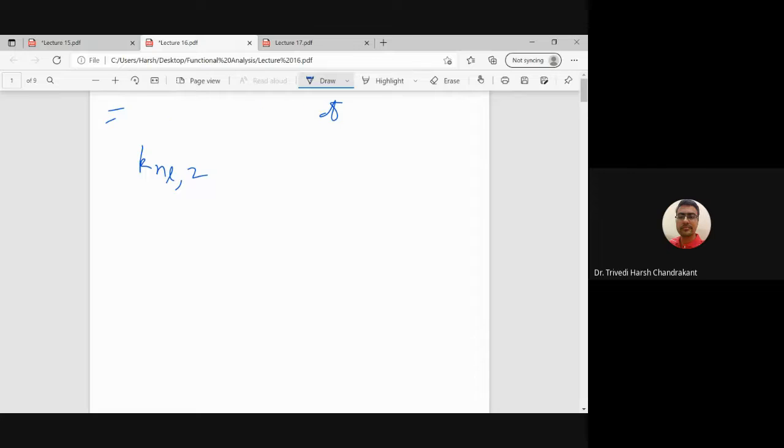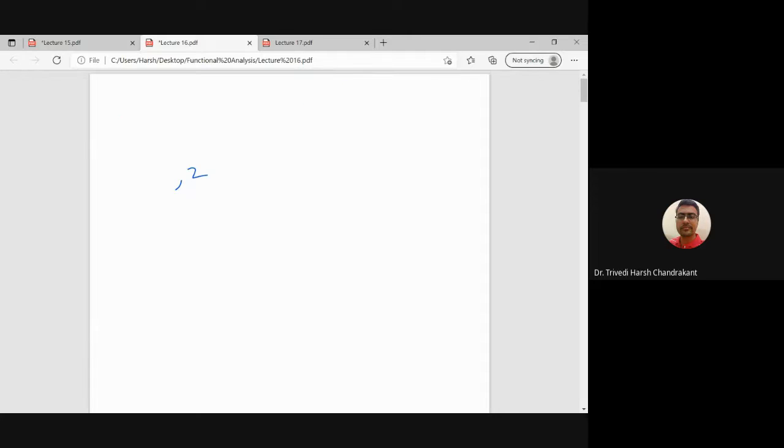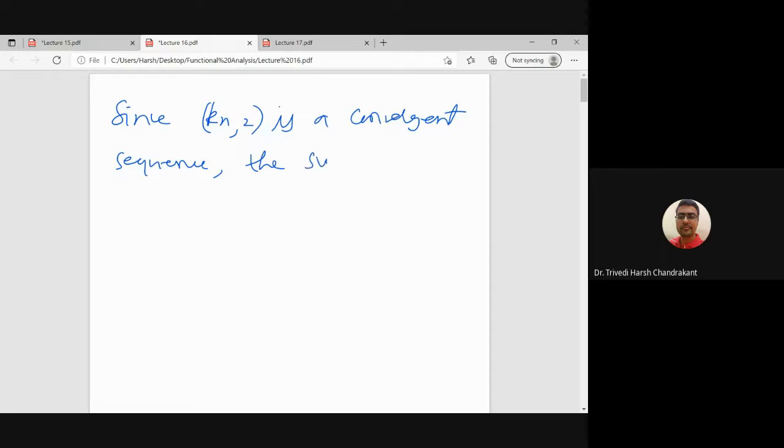Basically what we are saying is, since K_n^2 is a convergent sequence, the subsequence, what were the coordinates?